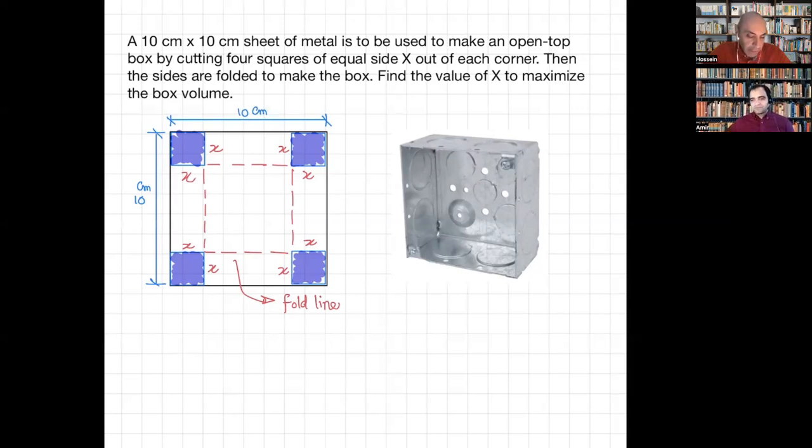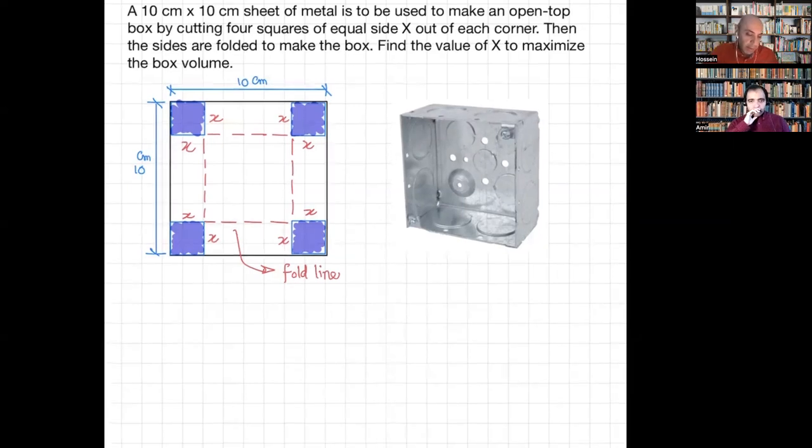Okay. This problem is optimizing using derivative. And I see we have a sheet metal with the size of 10 by 10. We're going to cut x, and then when we fold it, the result is a box like we see on the right side.